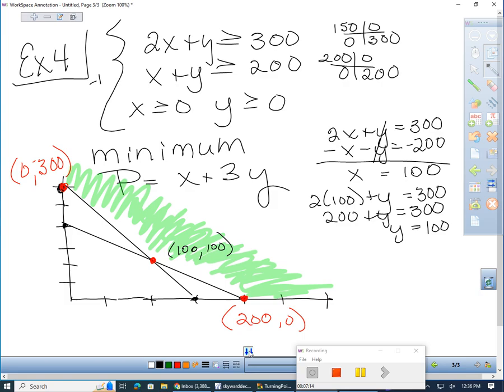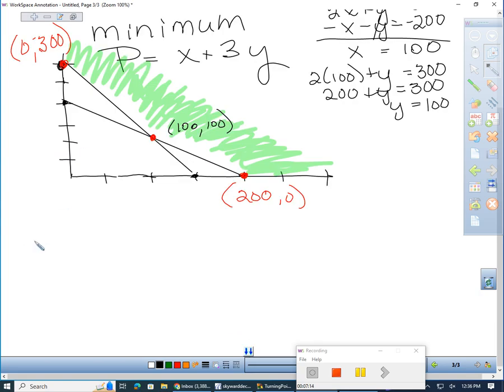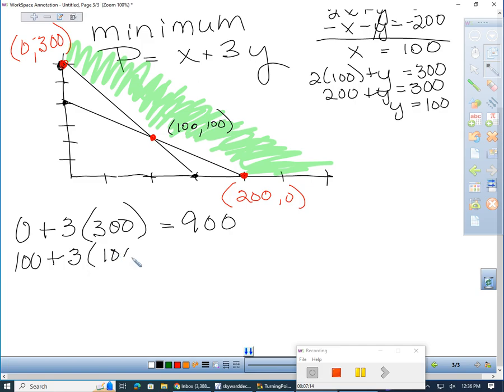Yes, plug them in to find our minimum. So we have P equals my x value plus 3 times my y value. So in this case, we get 900. Next one is my x value plus 3 times my y value. That's 100 plus 300, or 400.